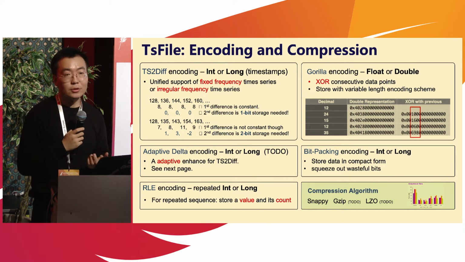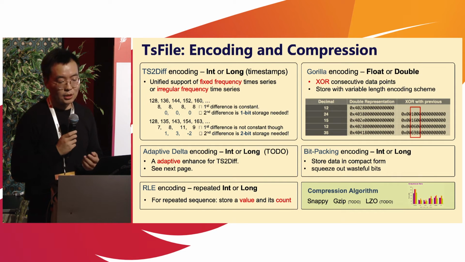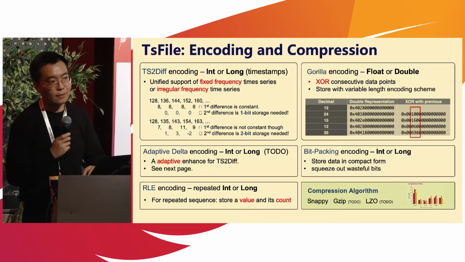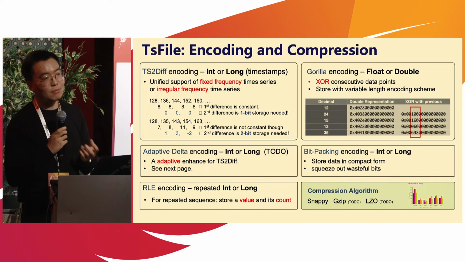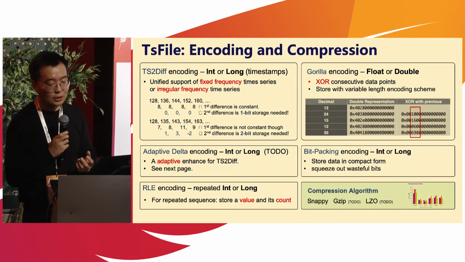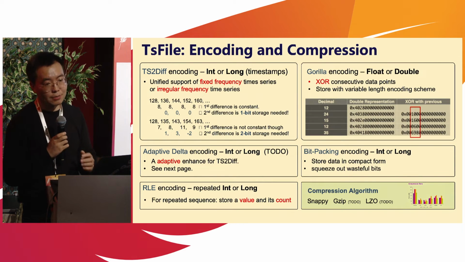And for floating point data, we implement Gorilla, a lossless encoding algorithm provided by Facebook. And after encoding the sequence into a binary array, we further compress it once again using some well-known compression algorithms like Snappy and others.